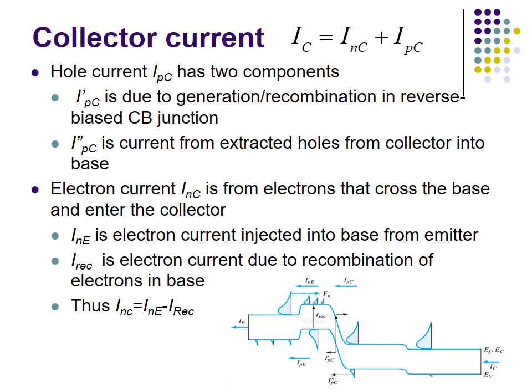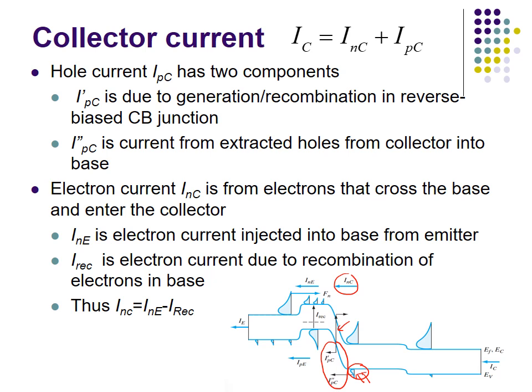Collector current is made of the electron current, INC, and hole current, IPC. The hole current can be divided into two. I'PC is due to the generation and recombination in the reverse bias CB junction. IPC is current from extracted holes from collector into base.